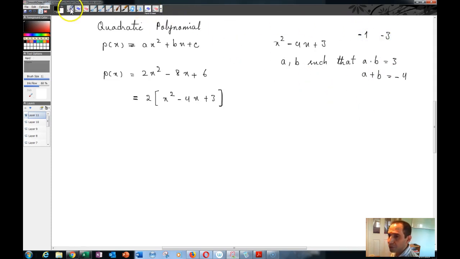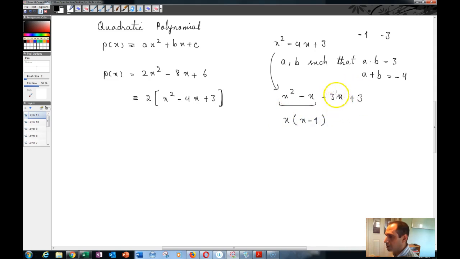So then you can rewrite this as x squared minus x minus 3x plus 3. Then you can take these two terms together and take an x out, so x minus 1.